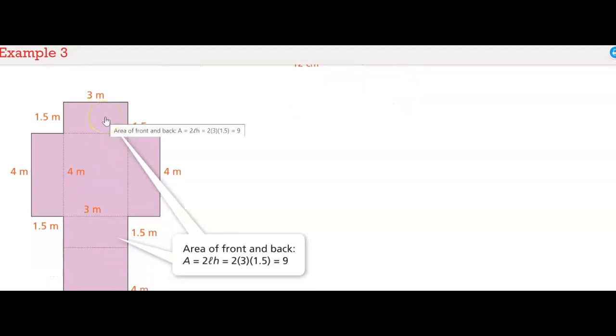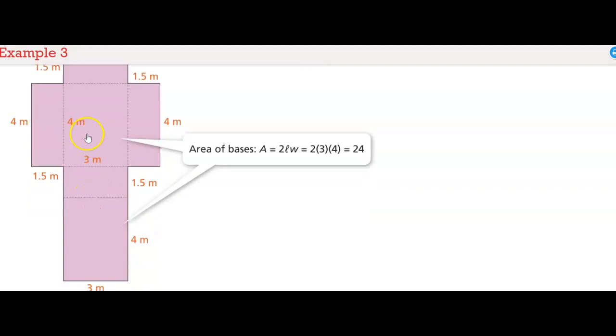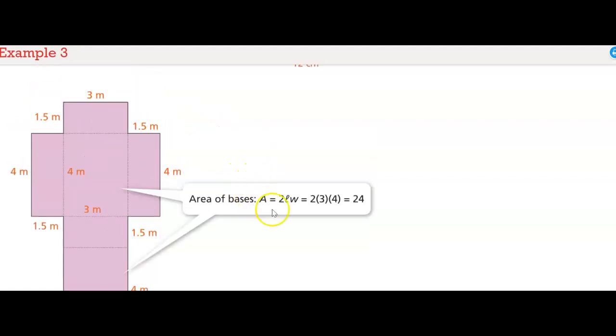It says that the area of these two, the front and back, is 2 times length times height, which is equal to 2 times 3 times 1 and 5/10, which is equal to 9. And then we have the area of these two bases, the top and the bottom, and we have 2 times length times width, which is equal to 2 times 3 times 4, which is equal to 24.